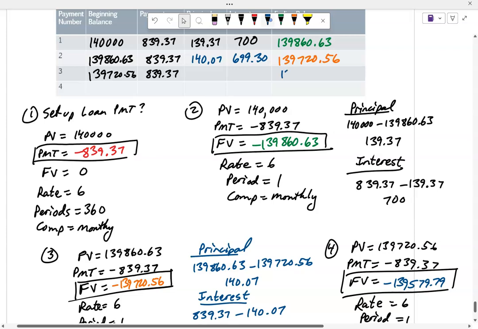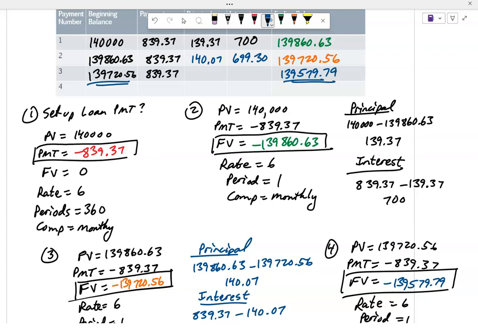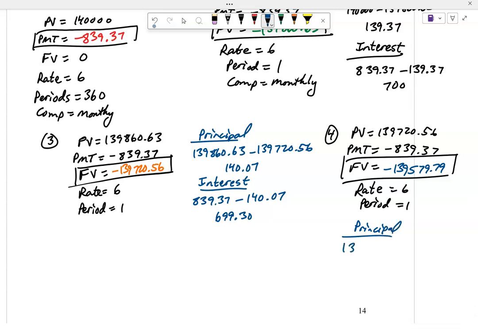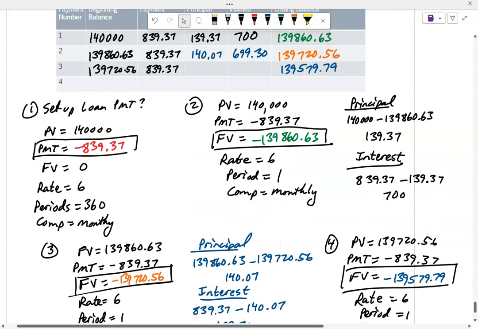I make a payment, and I owe $139,579.79. And then I take $139,579.79 minus $139,720.56, and that'll be my principal. That'll give me 140.77.